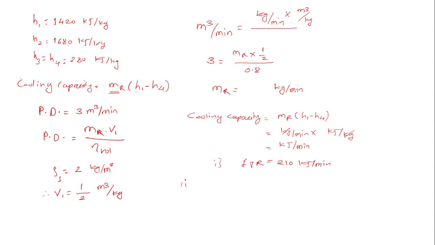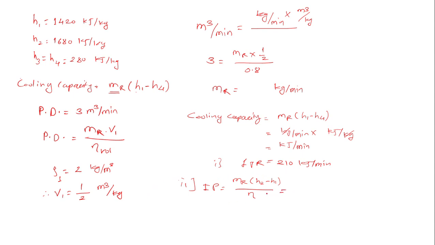Second bit, that is the indicated power, IP, that is nothing but mr into h2 minus h1 divided by the efficiency. Obviously you know mr, h2 and h1, and for the efficiency you can use 0.8, that is 80% efficiency.